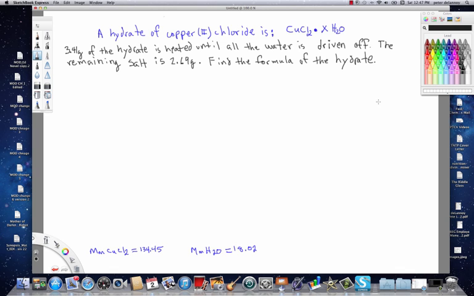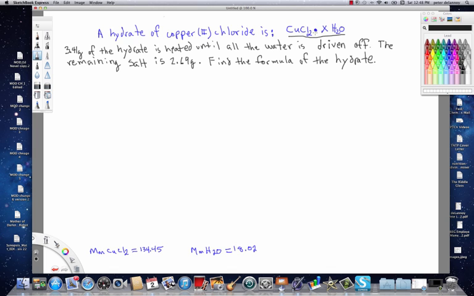This is the type of experiment where you take an unknown ionic compound which is in the form of a hydrate. One such formula is shown here, relative to the problem that we're going to solve in this case. And this would be a copper chloride hydrate where the ionic compound is going to be in a complex with a certain number of water molecules.